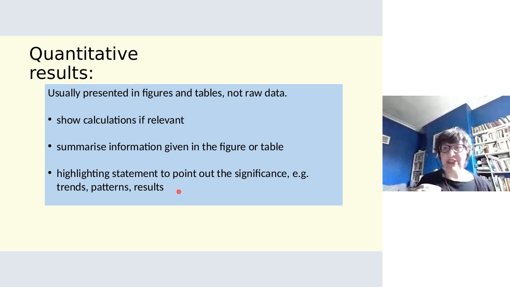And this is where you can show analysis in this kind of chapter or section of your dissertation. Point out the significance. So summarize what's in there, but also highlight any trend, any pattern, any significance you want the person reading it to see.